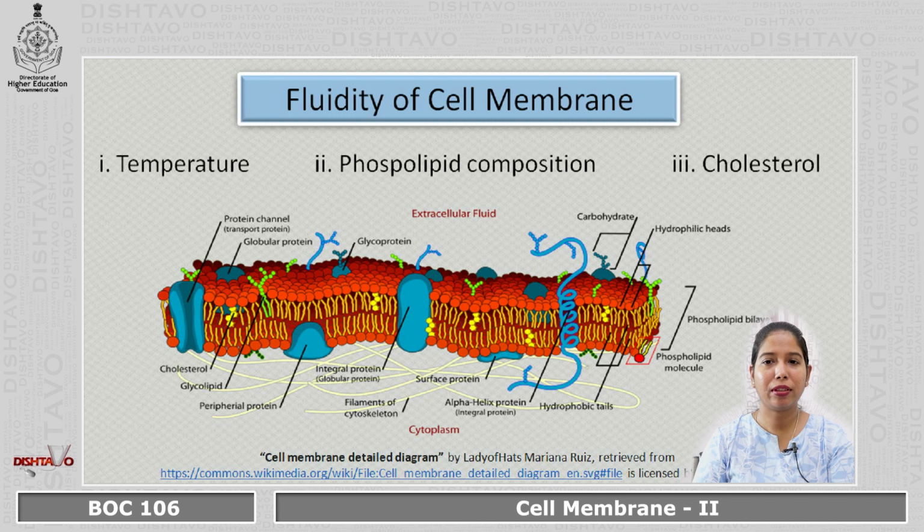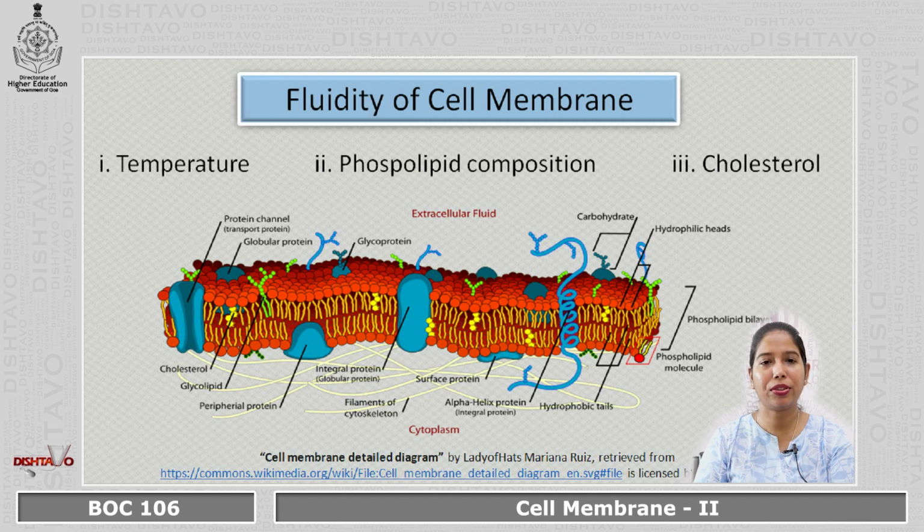The next important factor is cholesterol, which is embedded into the lipid bilayer. Cholesterol is also a major determinant of membrane fluidity. At high temperature, cholesterol interferes with the movement of the phospholipid fatty acid chains, making the membrane less fluid.